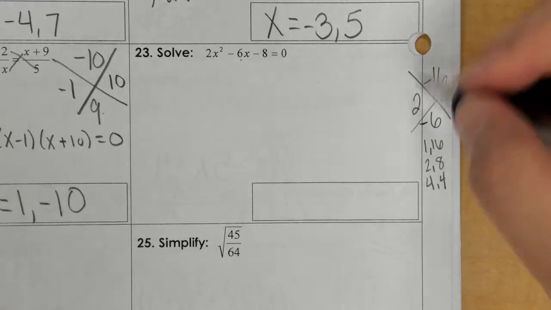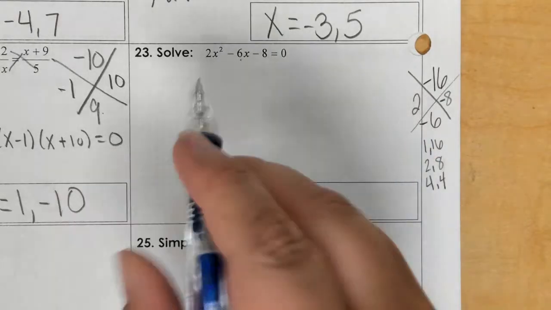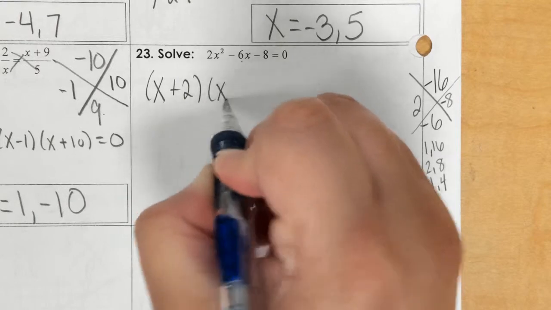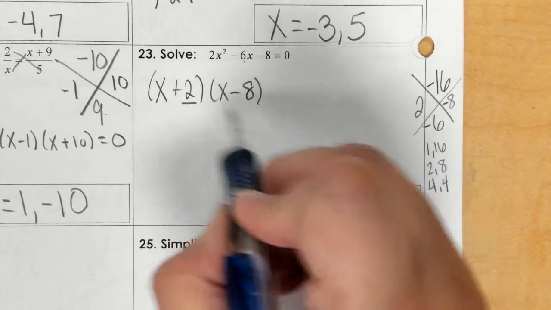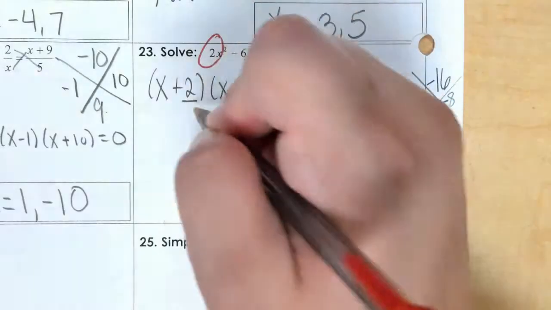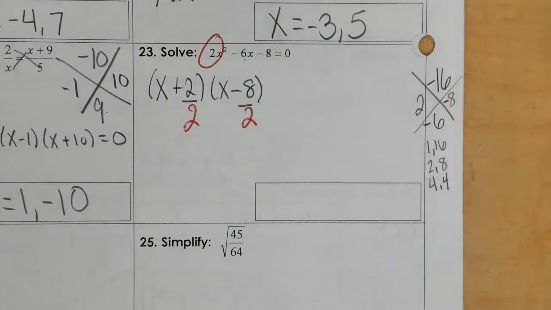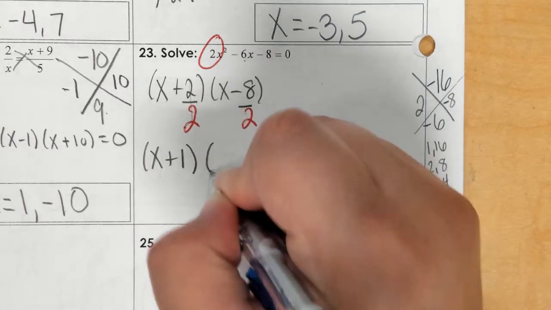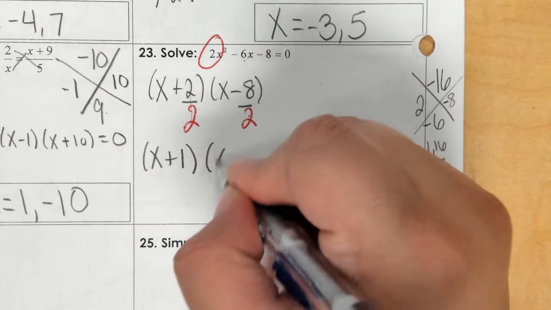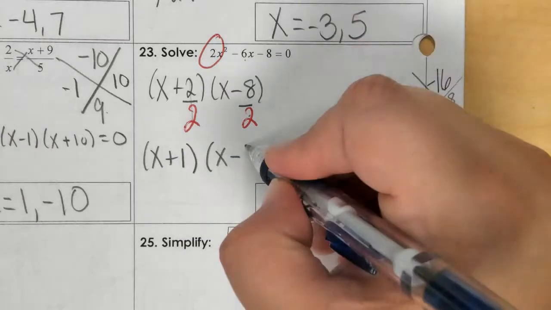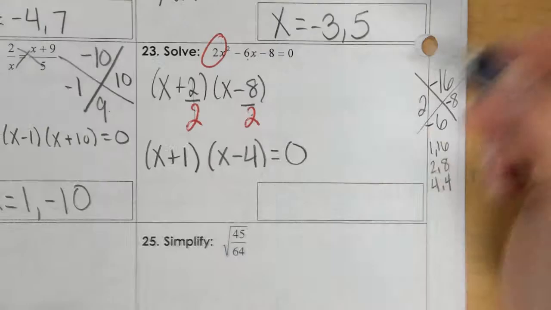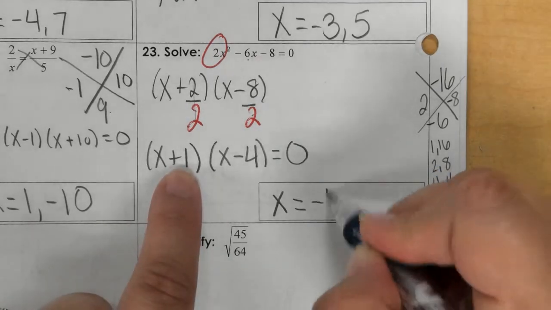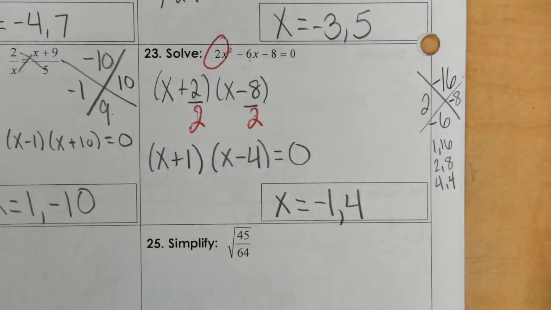So for this one, since this worked, I could go ahead and do x factor and write it in factored form and divide by the first number. So this can divide to be x plus 1, and this can divide to be x minus 4. So this means that my solutions are opposites, negative 1 and positive 4.